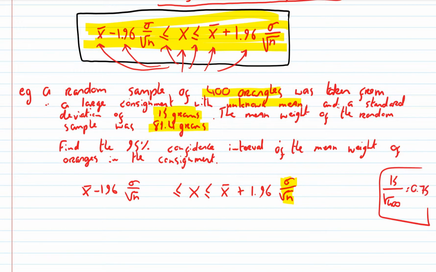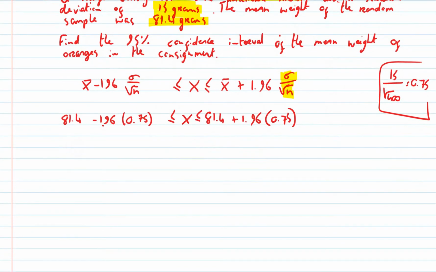So now we can set up our confidence interval. The real mean will lie between the mean we got, which is 81.4, plus 1.96 times 0.75, and 81.4 minus 1.96 times 0.75.